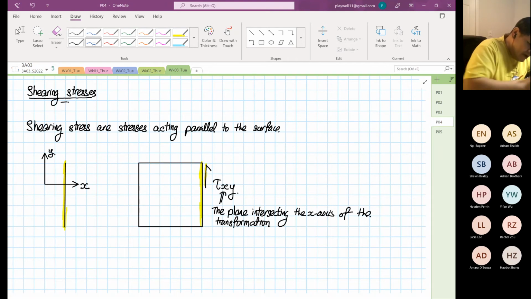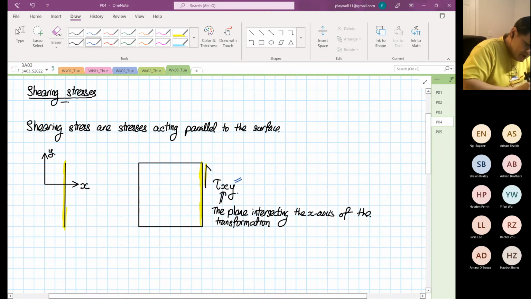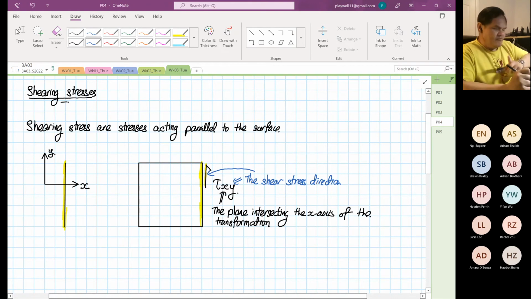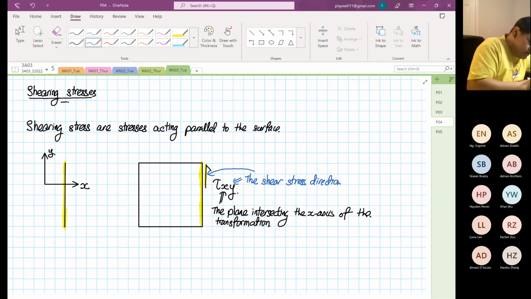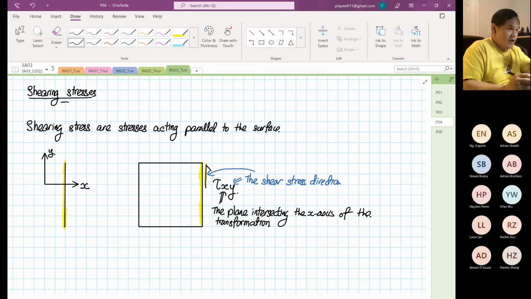The next one, the y over here, denotes the shear stress direction. The shear stress direction is this arrow over here, pointing vertically upwards, along the y-axis. So always, when you have a shear xy, you have to have a counter shear.